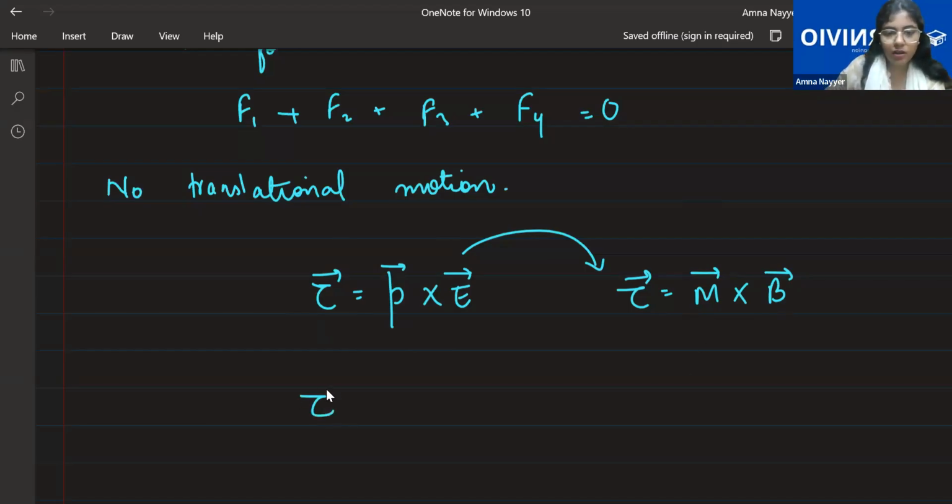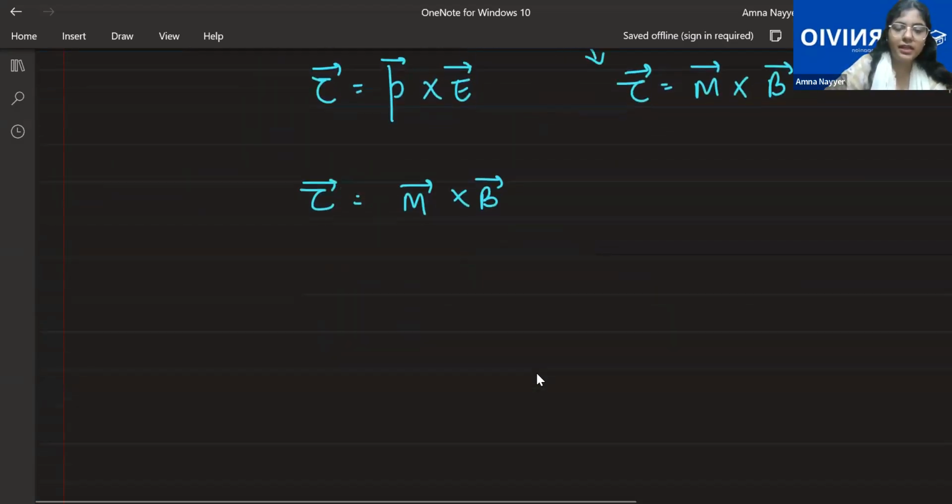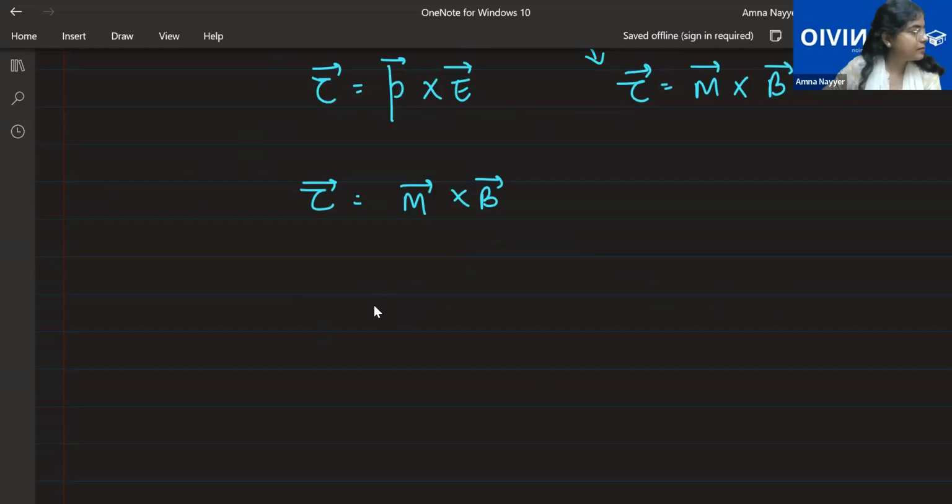Now see, if your torque is equal to M cross B, what was the formula for magnetic moment we studied yesterday? Yes, A into I, and the number of turns are there. So NAI B sine theta.